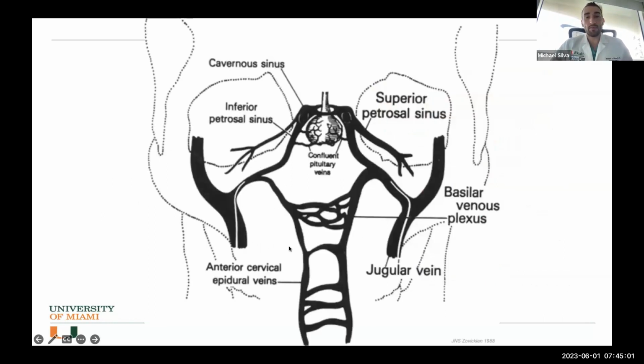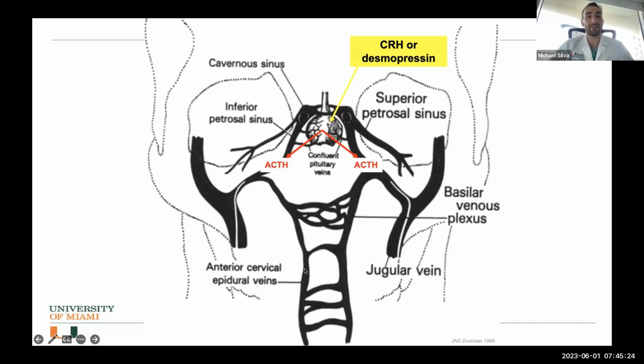So back to our venous anatomy, the hypophyseal veins drain into the cavernous sinus, which then drains into the inferior petrosal sinus. So if you give desmopressin or corticotropin releasing hormone, that would typically stimulate ACTH production in a normal pituitary as well as in a pituitary adenoma.